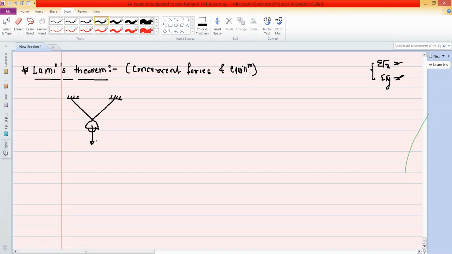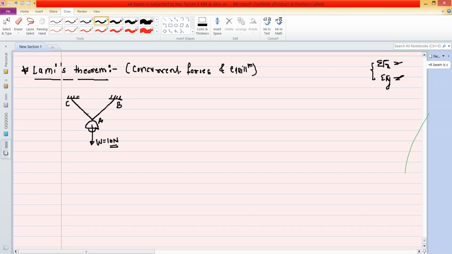The bulb has some weight W. Let us take this W equal to 10 Newton. Suppose this point is A, this is point B, and this is point C. Right now the system is in equilibrium, that means all the forces are balanced. So this weight W, which is 10 Newton, is distributed in the cable AC and cable AB.